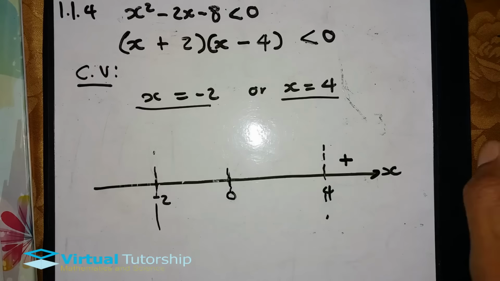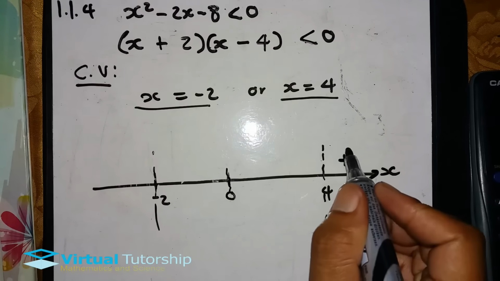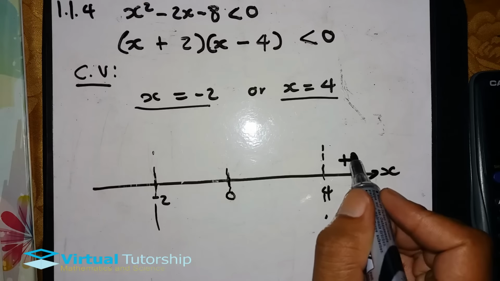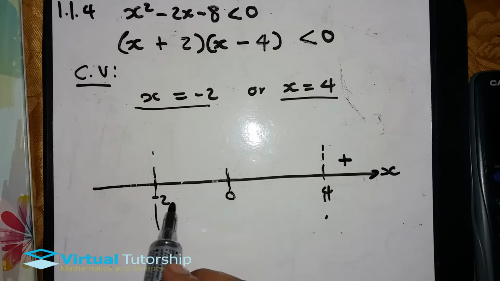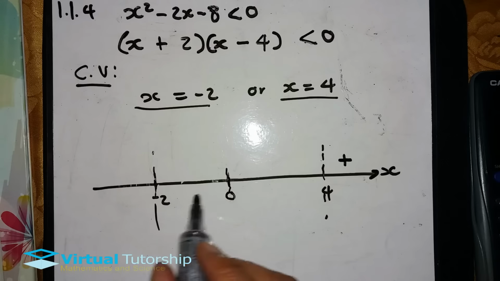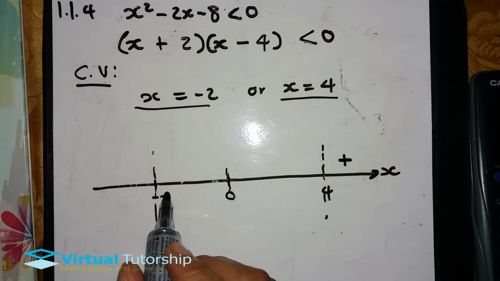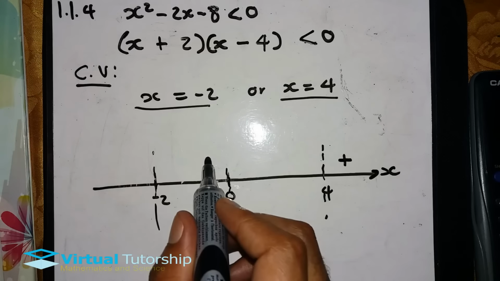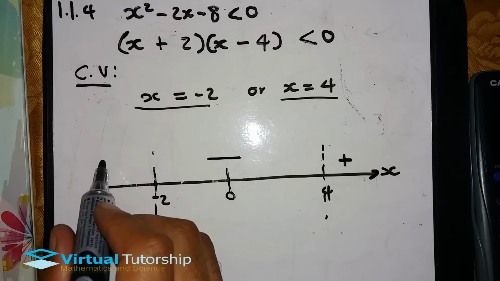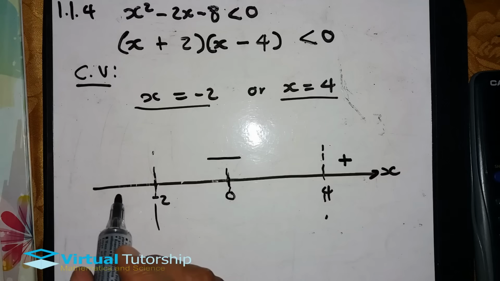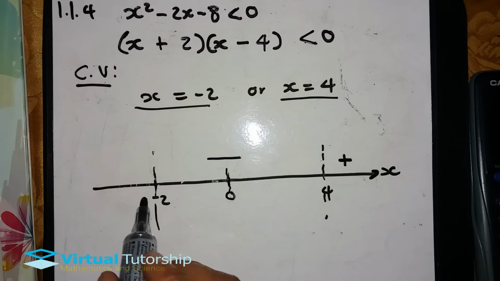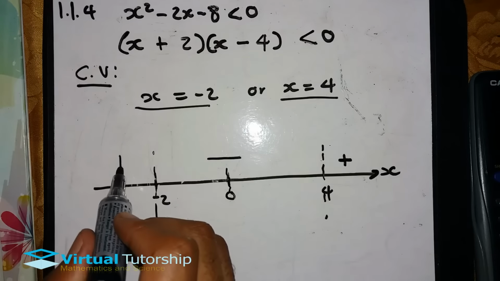Okay, if it's positive here, any x value I substitute between minus 2 and 4 will give me a negative, and an x value less than minus 2 will give me a positive.